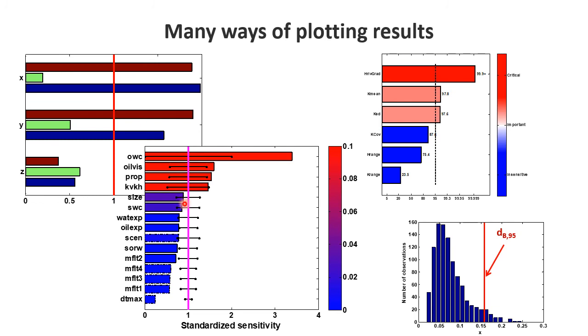Another way of plotting this, and this will also allow us to plot interactions at the same time, is to again look at the percentiles. So remember that we're doing this bootstrap idea where we generate an entire histogram of these distances, and then we say something is sensitive when it lies on the right hand side of this 95% line.